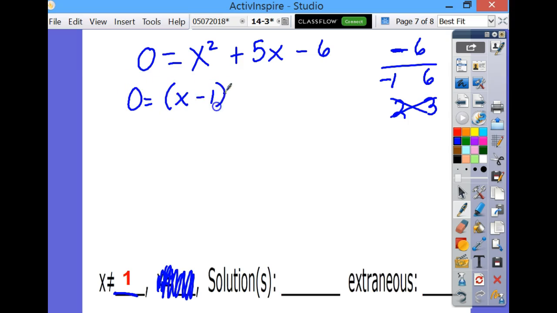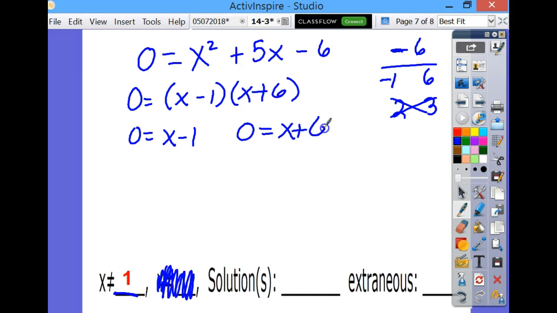X minus 1, x plus 6. 0 equals x minus 1, 0 equals x plus 6. You break the quadratic down into 2 linear equations. And then you add 1 to both sides.